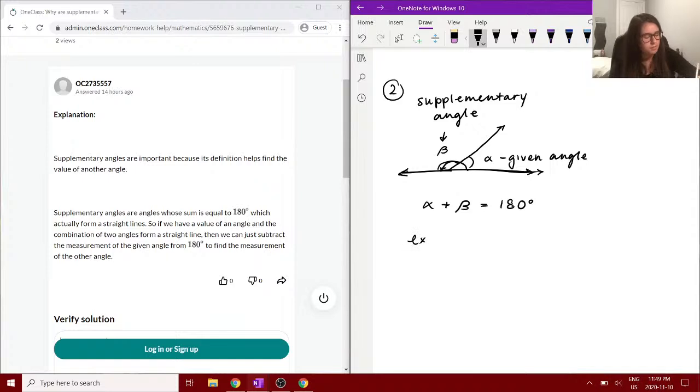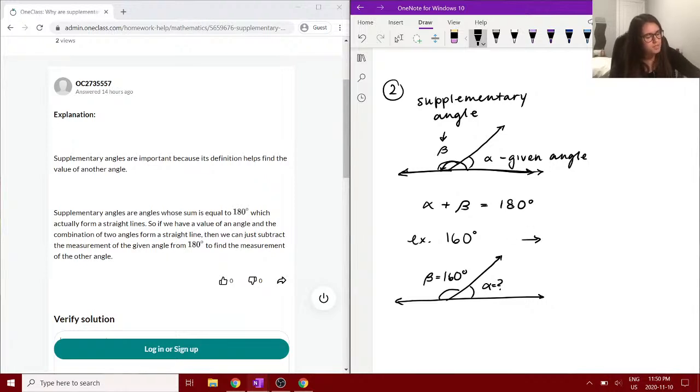So for example, if beta is 160 degrees, we have an angle like this, and this angle here, beta, is 160. We want to figure out what alpha is, and it's unknown.